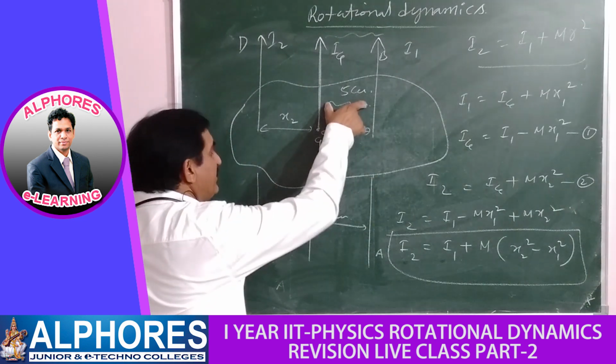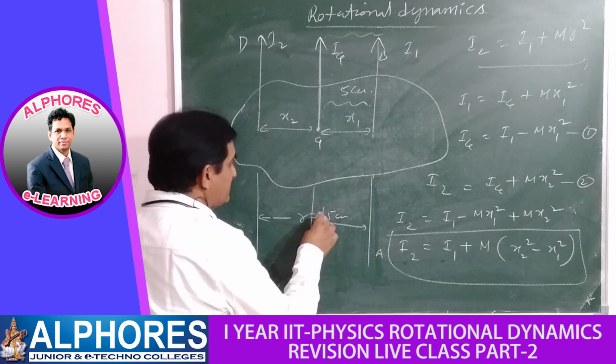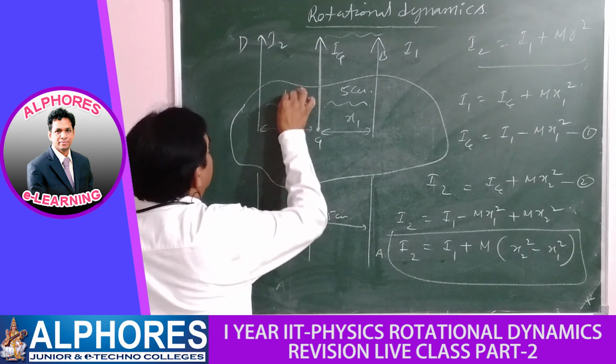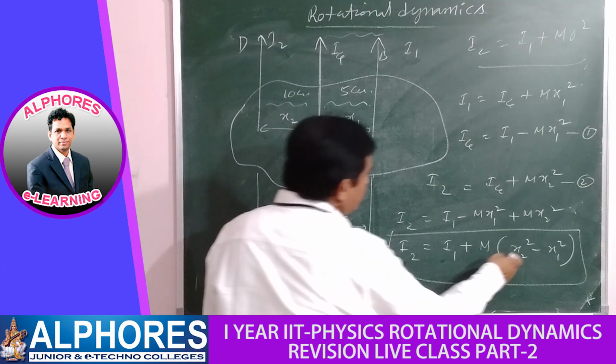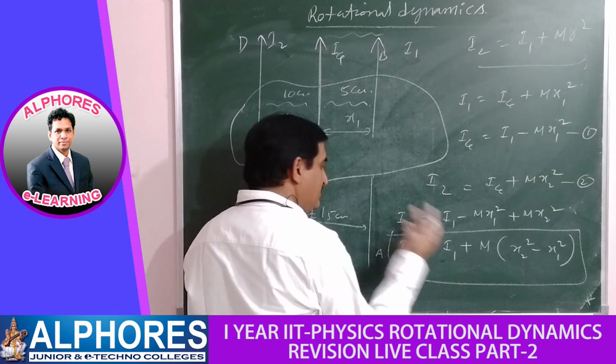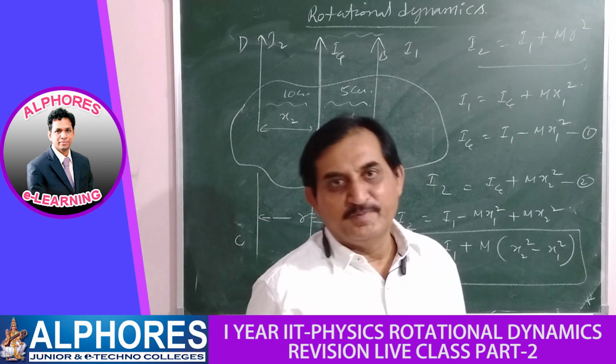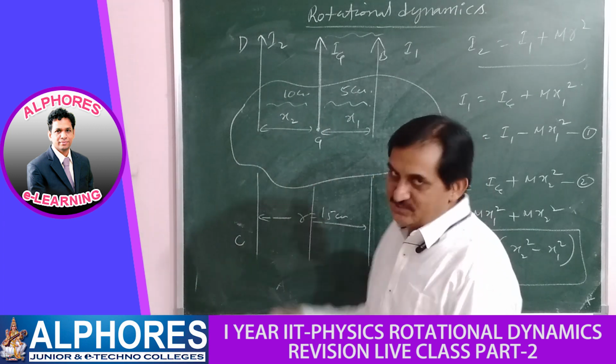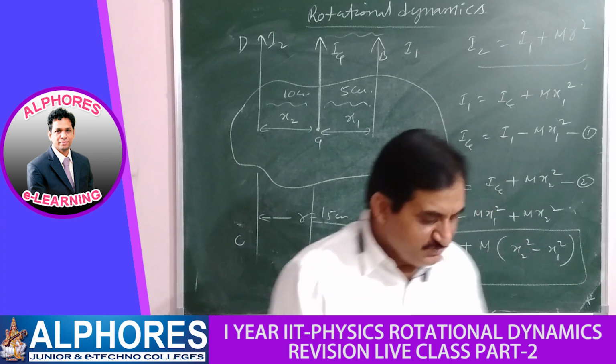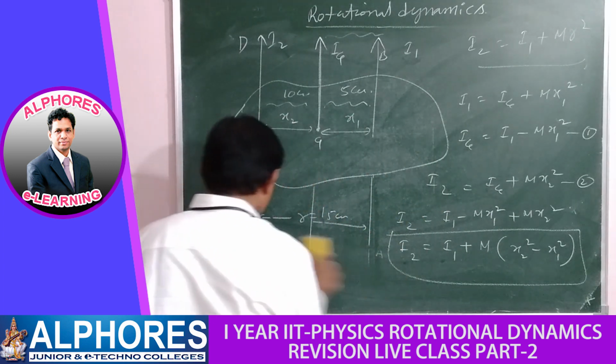Then 5 centimeters is subtracted from it, so x2 equals 10 centimeters. Then with x1, x2 values, m given, and I1 known, you would get I2, the moment of inertia about the other axis. Okay, so this is one problem, and let us go for another problem.